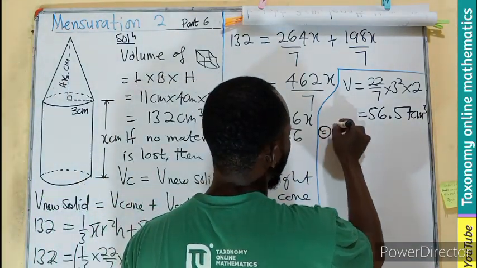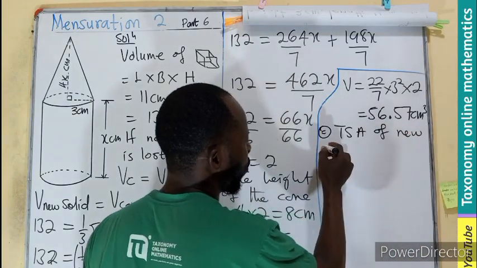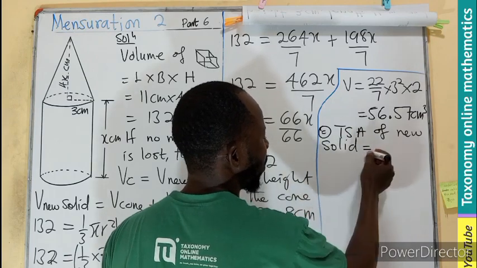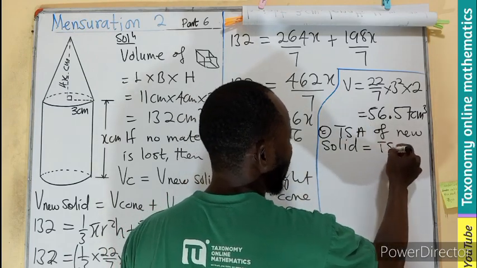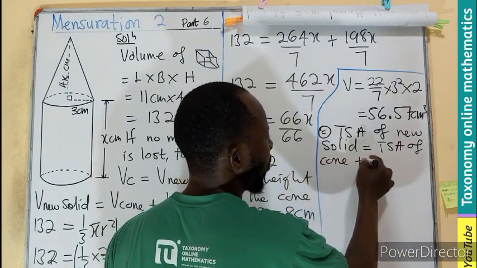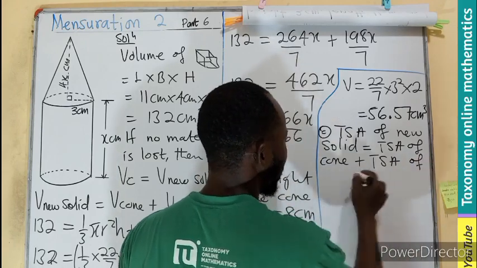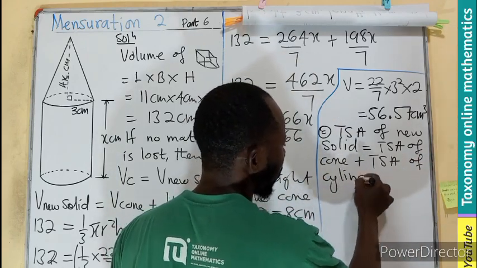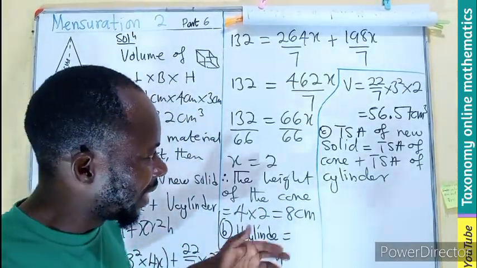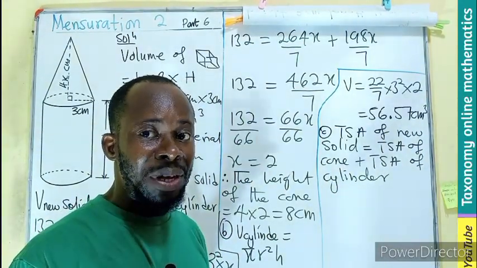So number C, total surface area of the new solid will be equal to the total surface area of the cone plus the total surface area of the cylinder. Taking it one by one, the total surface area of a cone, ask yourself, do you have all the dimensions?